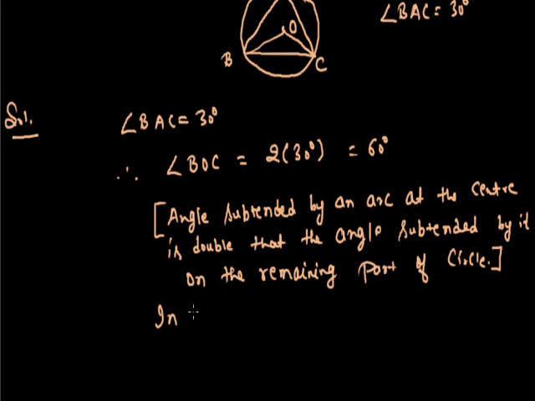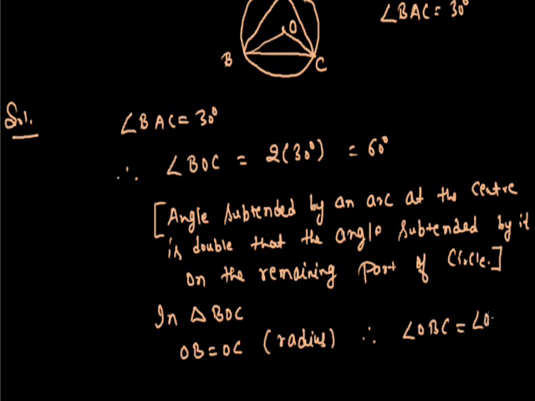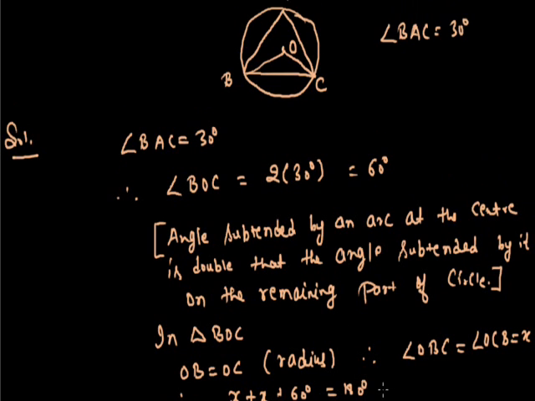Now in triangle BOC, OB equals OC, radius. Therefore angle OBC is equal to angle OCB, equal to x. Therefore x plus x plus 60 degrees equal to 180 degrees. So 2x is equal to 120 degrees, or x equal to 60 degrees.